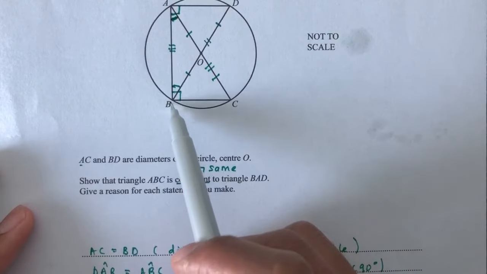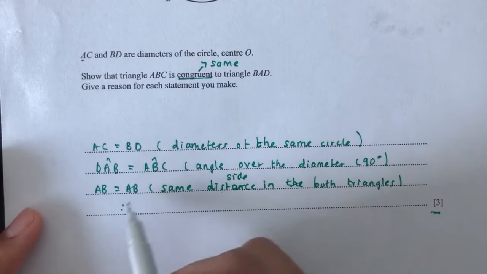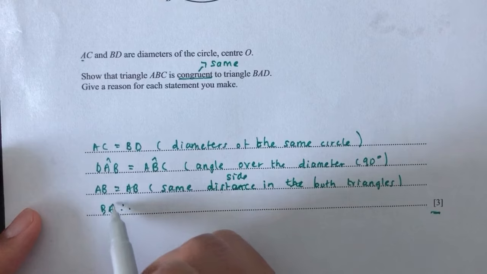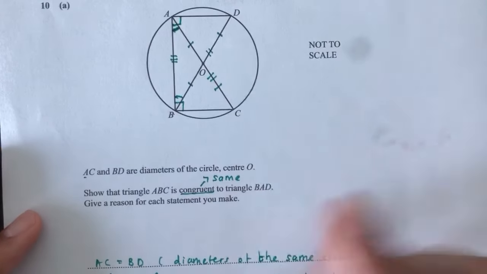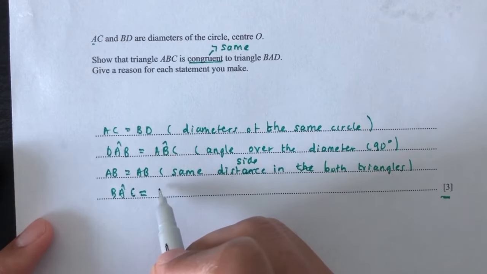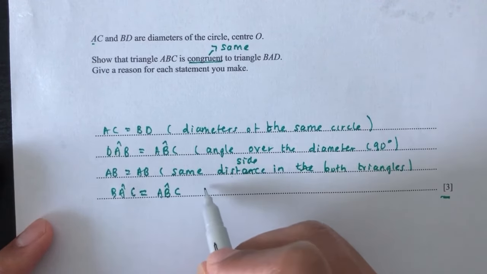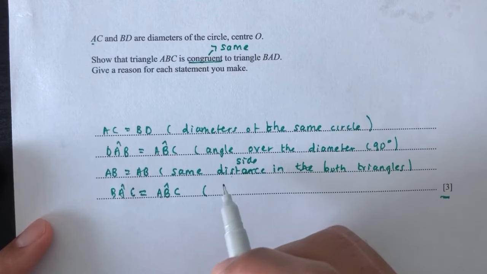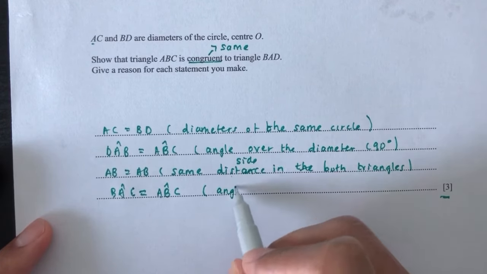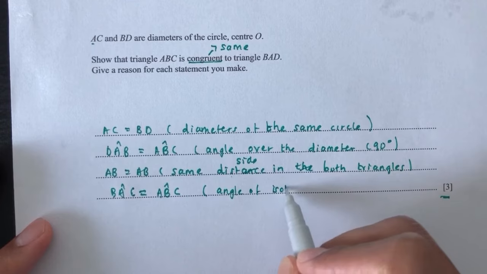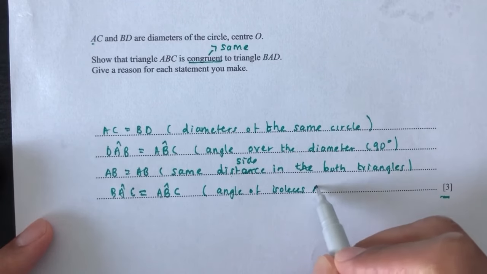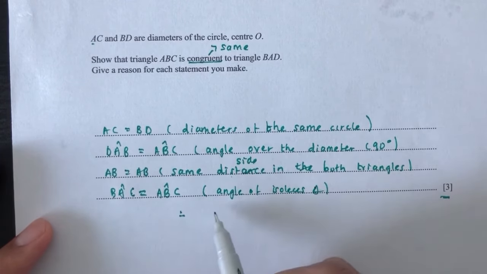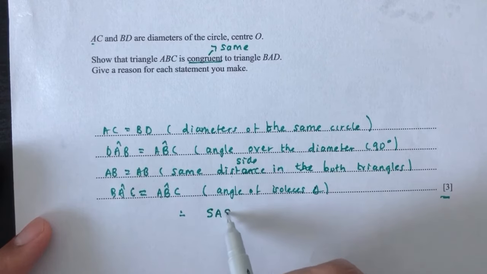So let's write this down: angle BAC equal to angle ABC, because they are angles of an isosceles triangle. So thus we have proven SAS, which is the angle in between is the same and the sides on both sides are the same.